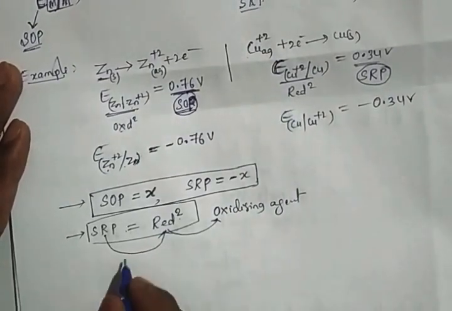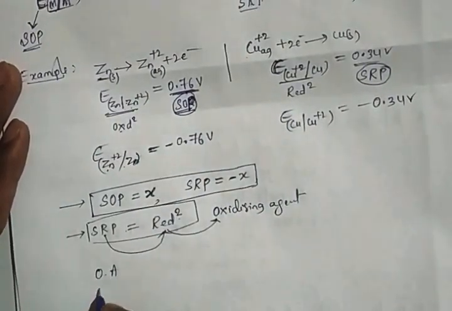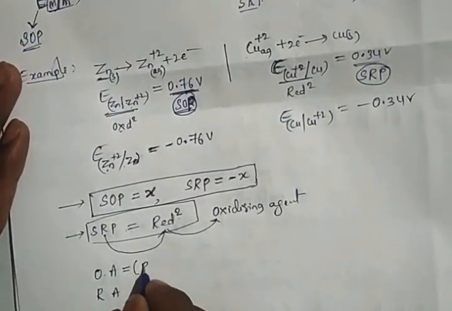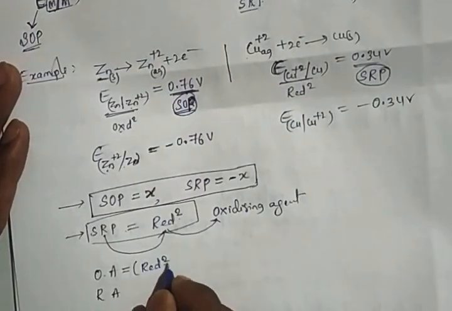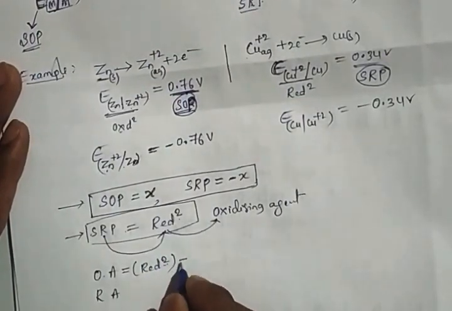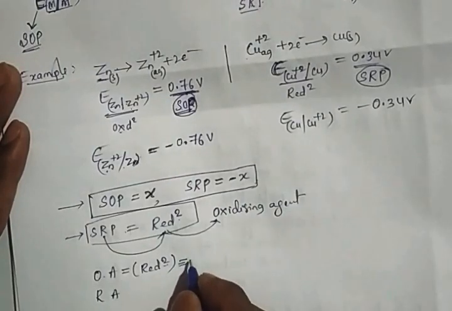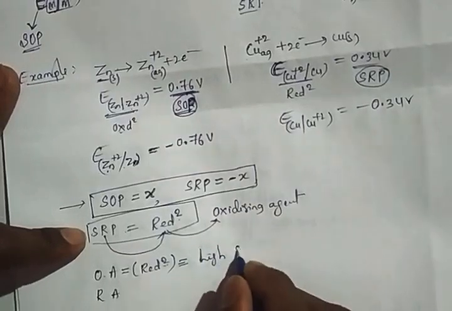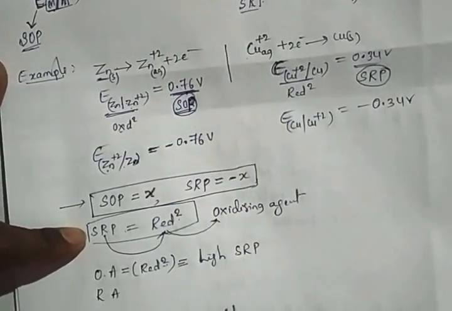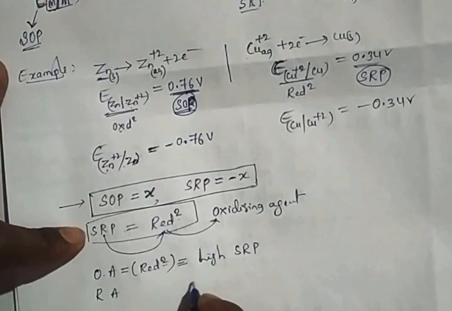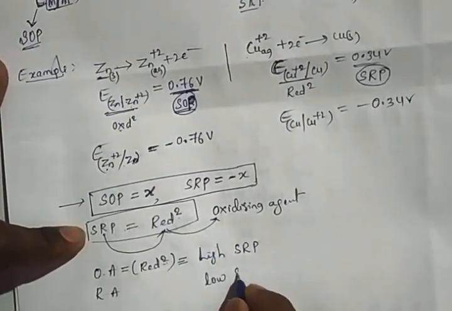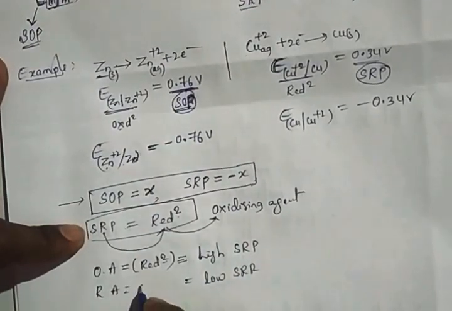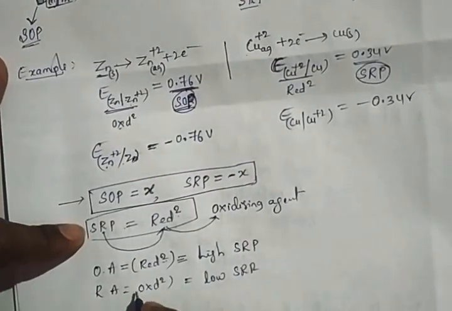That means an oxidizing agent is one which undergoes reduction. For a substance to undergo reduction, its SRP must be high. If its SRP value is low, then it is said to be a reducing agent and it undergoes oxidation.